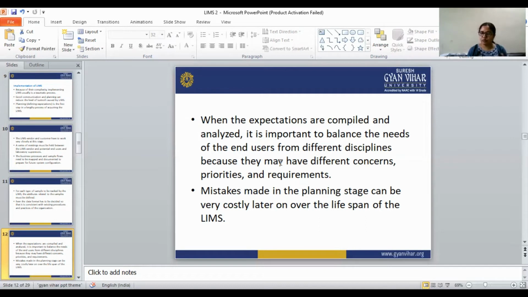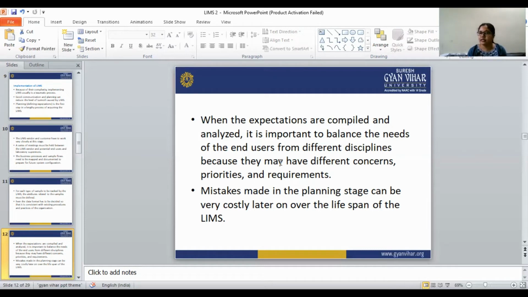There are lots of supervisors who explain their expectations to the vendor, and after the explanation, it is the vendor's duty to compile and analyze all the data received from the different disciplines of the laboratory.